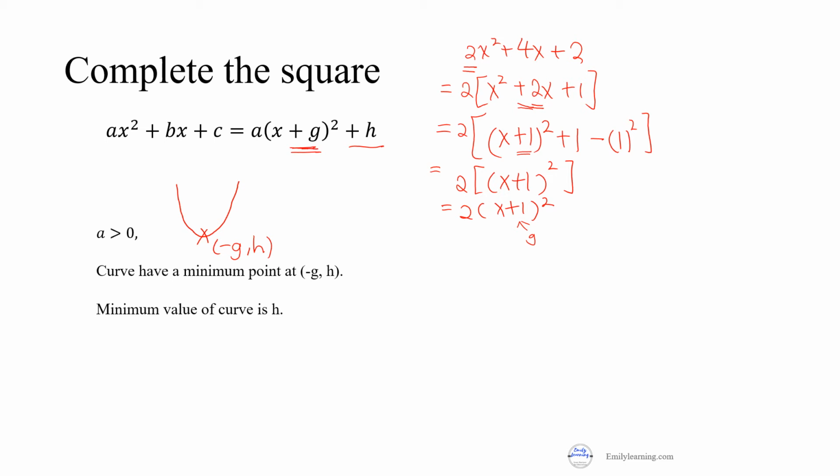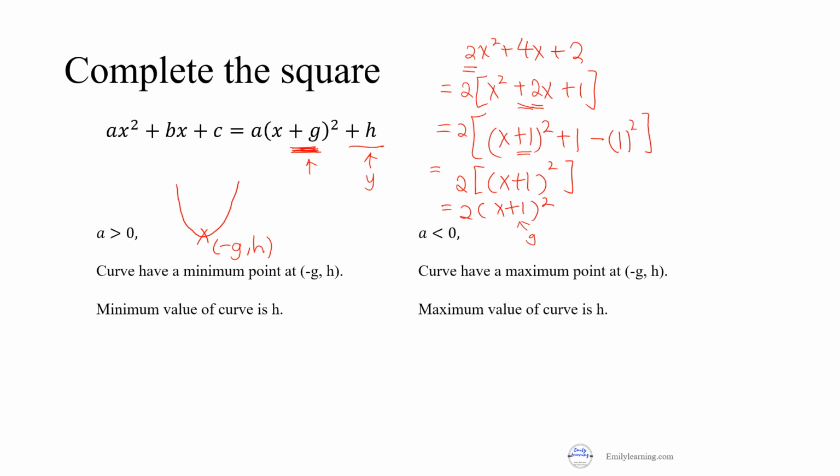So reverse the sign of g, then just follow the sign of h. This is the y coordinate of the minimum point, and the negative of g is the x coordinate of the minimum point. If the question didn't ask for minimum point but asked for minimum value, then they are asking for a y value. So the minimum value of the curve is h.